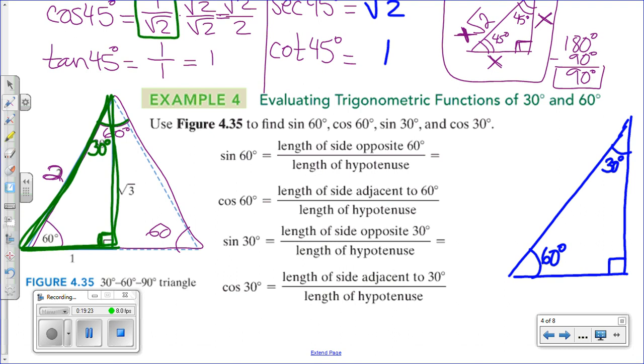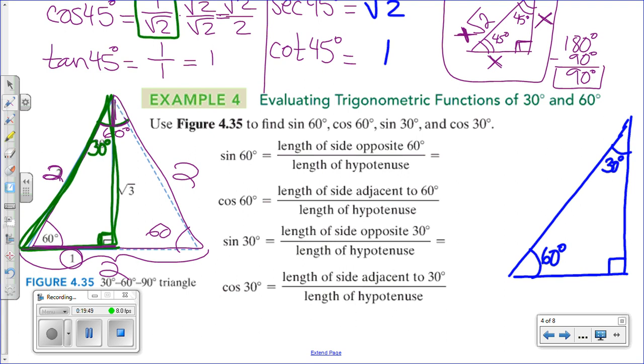This side was 2, this side was 2, and this side, before we cut it, was 2. Now, the perpendicular bisector is not just cutting the angle in half, it's also cutting the base in half. So what is half of 2? It's 1, right? So that's how we get this 1 here.